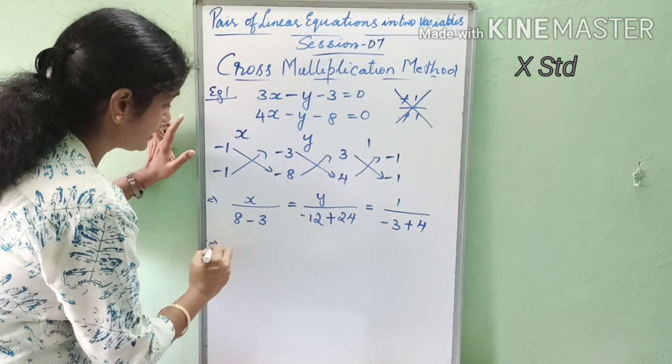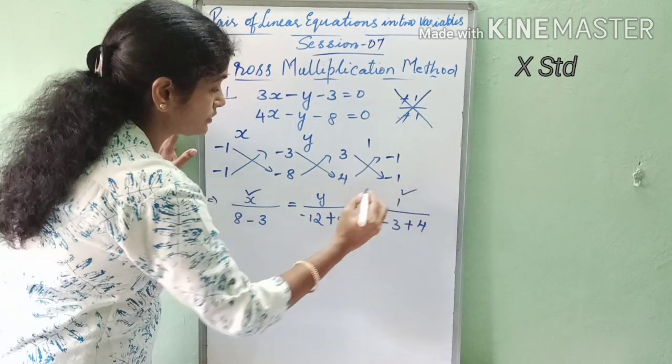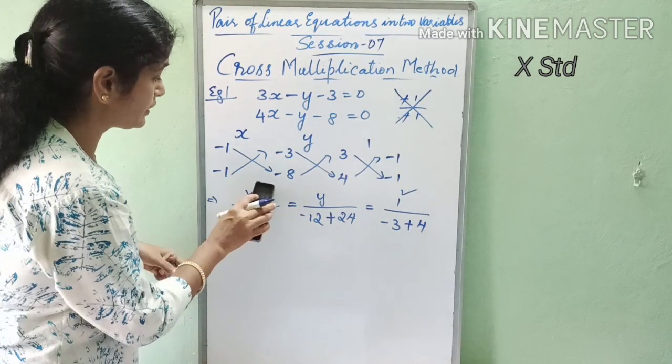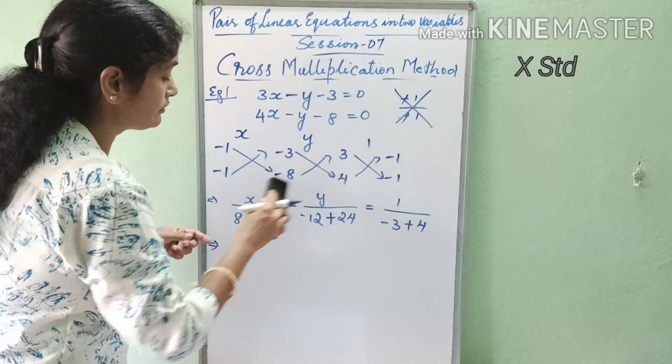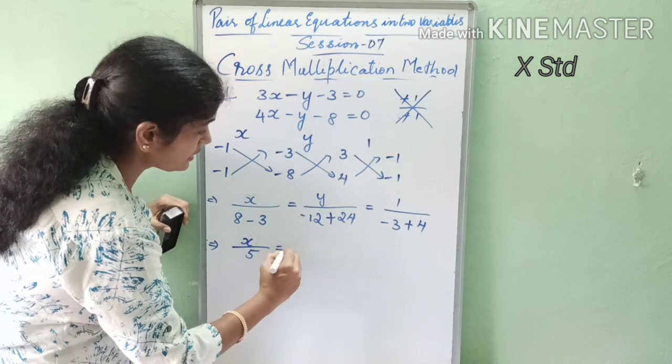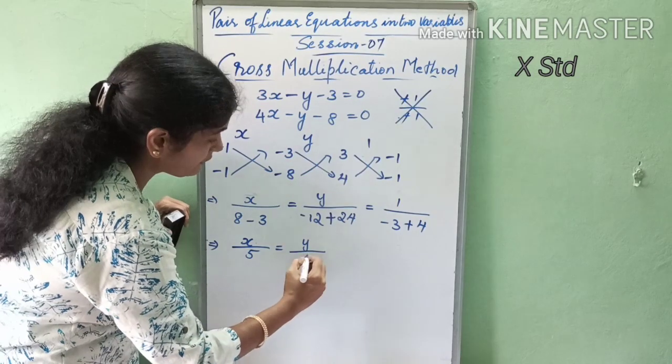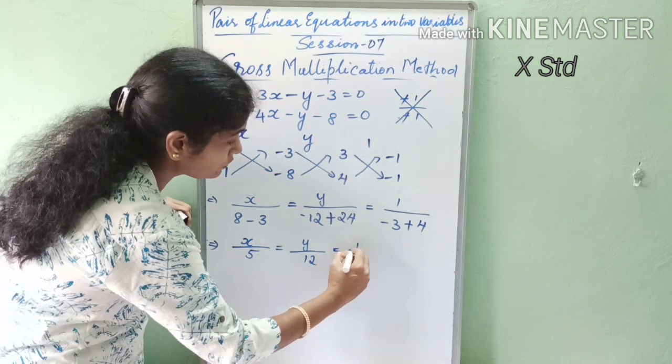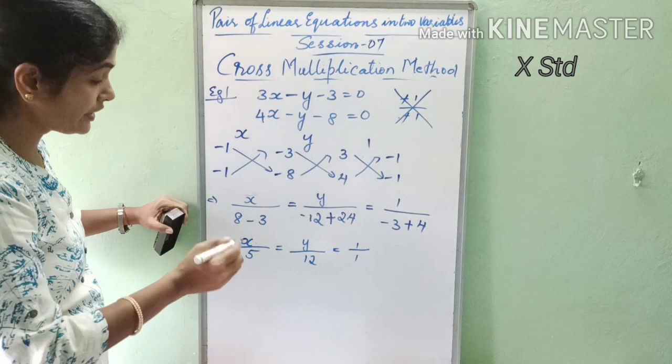Now we will equate these two, or before that we will simplify the denominators. So it is x divided by 5 is equal to y divided by 12 equal to 1 divided by 1. Next step you see.